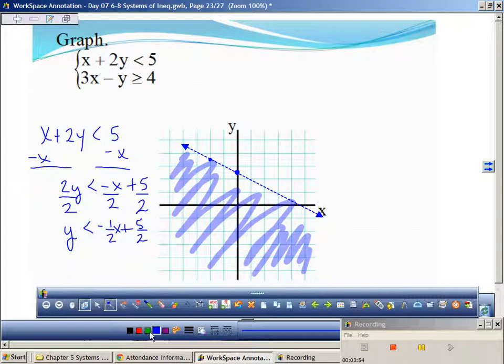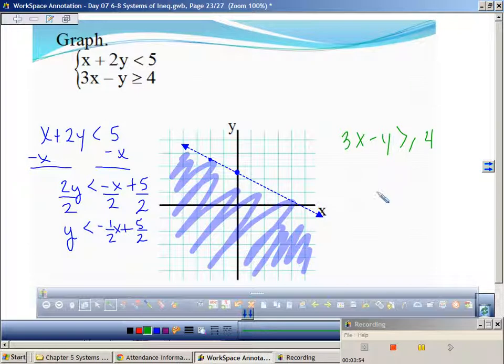Let's do the other one. 3x minus y is greater than or equal to 4. First I move my x to the other side, and I'm left with -y is greater than or equal to -3x plus 4.